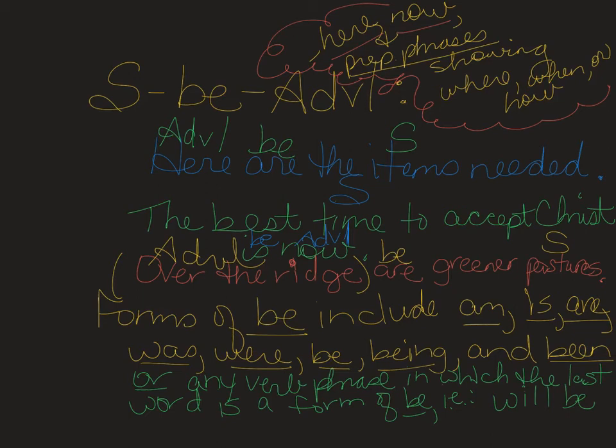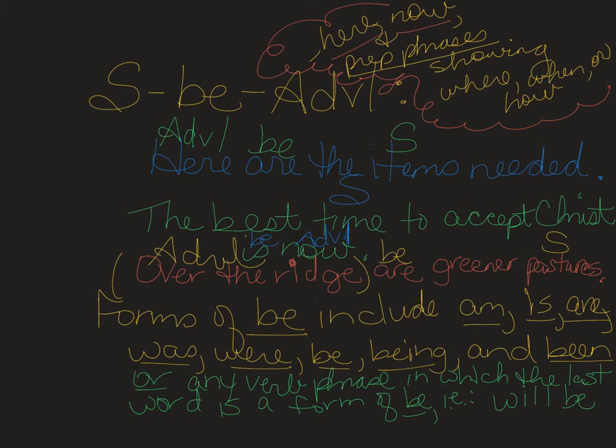Now you say, what? Because heretofore, we could mark our prepositional phrases off, all happy and glad knowing that none of our sentence pattern parts was inside of that prepositional phrase. Well, here's the deal. If your sentence pattern is SBE-ADVL, your ADVL could be an entire prepositional phrase.